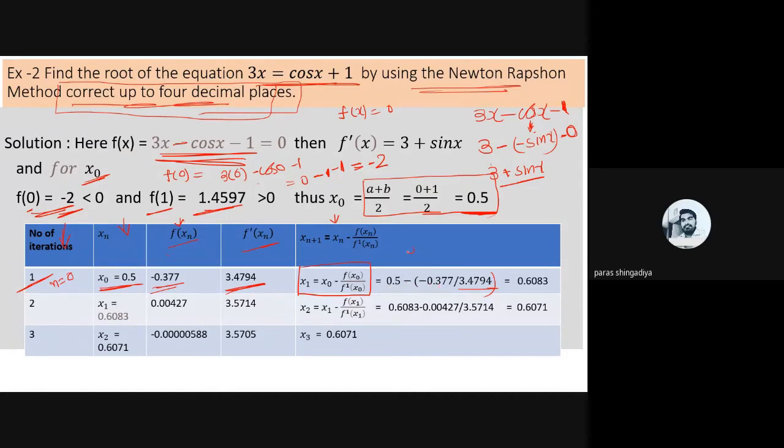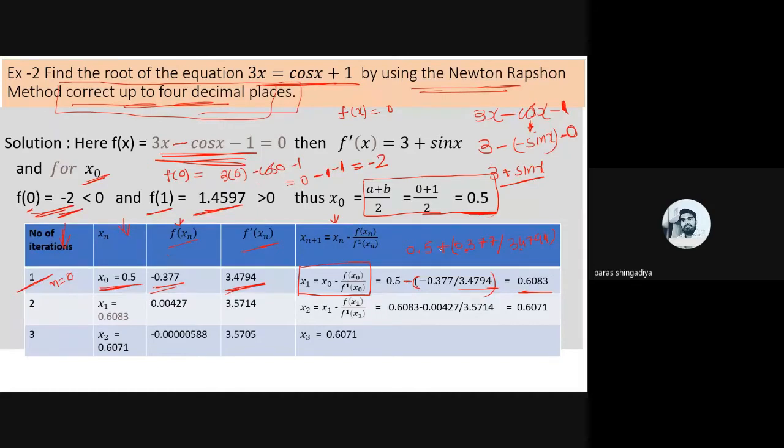Just check 0.5 in your calculator, then write plus, and then write the bracket 0.377 divided by 3.4794. Just check this output in your calculator. You will get the answer 0.6083. Why is it plus? Because there are two negative signs here. One negative is already defined in the formula, and the value of the function output is also negative, so it will be positive.